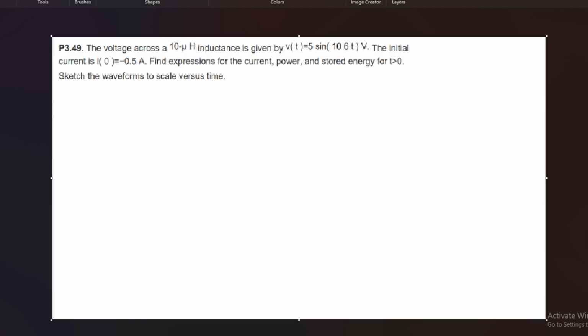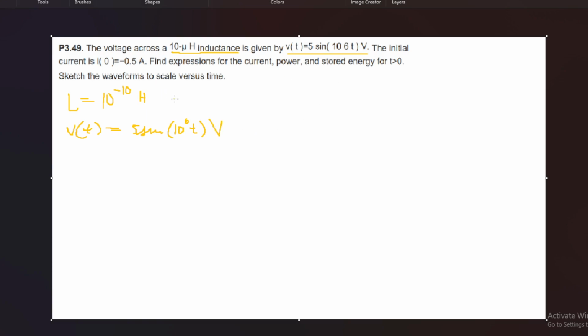We're given inductance, so we can say that L is equal to 10 to the negative 10 Henries, and then given by voltage, so we can say that our V of t is equal to 5 sine 10. I think there's a typo right here. I'm guessing that's 10 to the 6t.